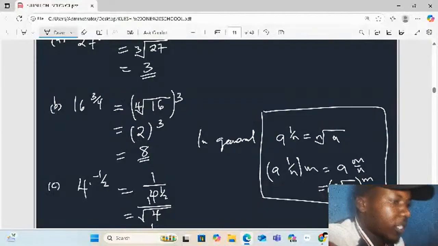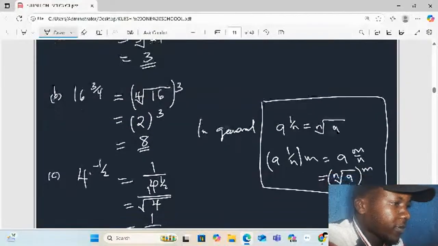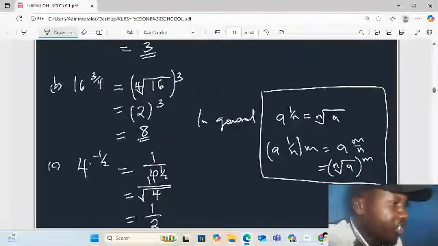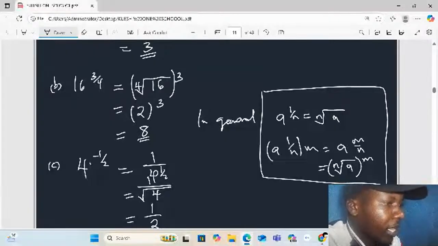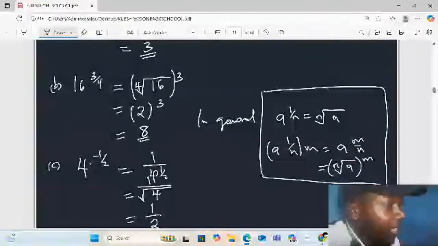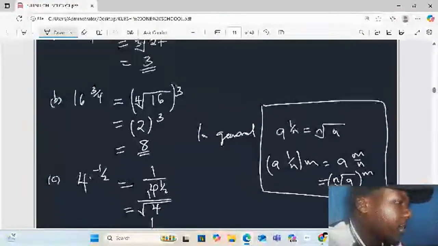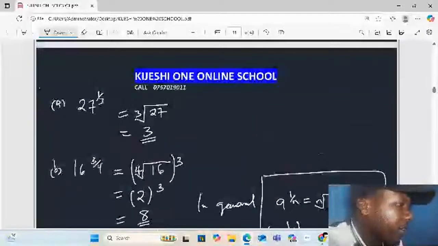So this is what I was saying. In general, now applying those ones. A to the 1 over n is equal to the nth root of A. So the way we've applied it here on our example.